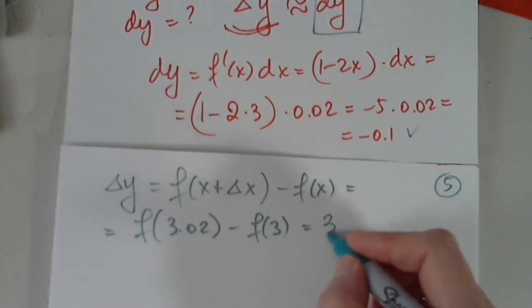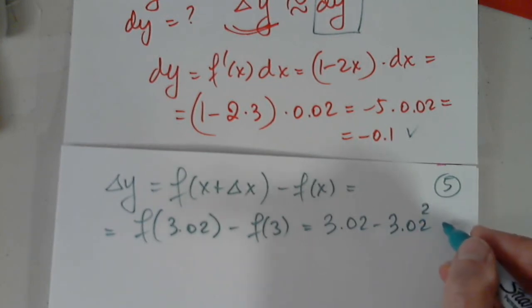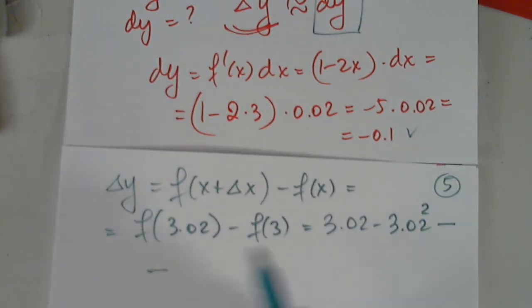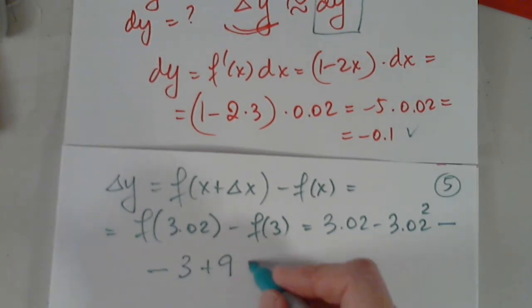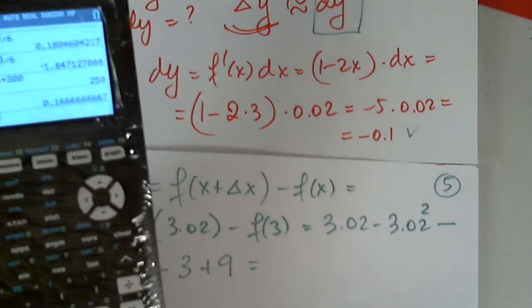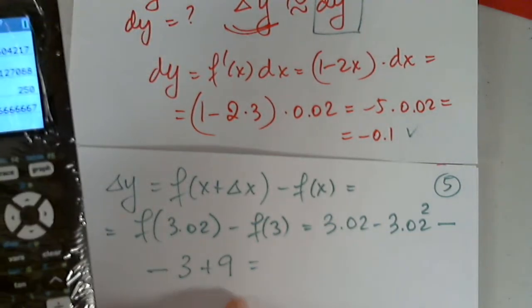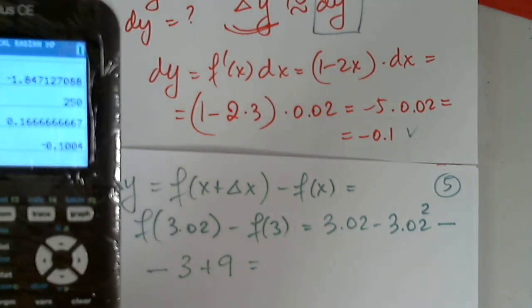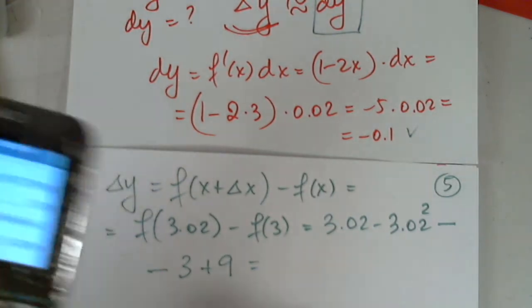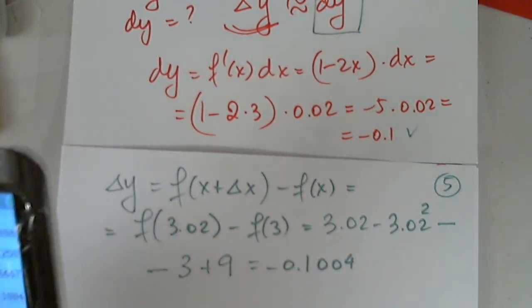So 3.02 minus 3.02 squared minus f of 3, which is 3 minus 9, but it becomes plus 6, because I have to distribute a negative sign. See, this is more cumbersome. So 3.02 minus 3.02 squared, keep an eye on my numbers, and then plus 6. And I got negative, it has to be very close, 0.1004.